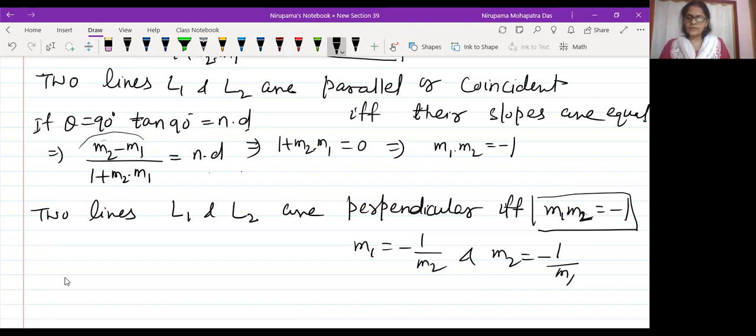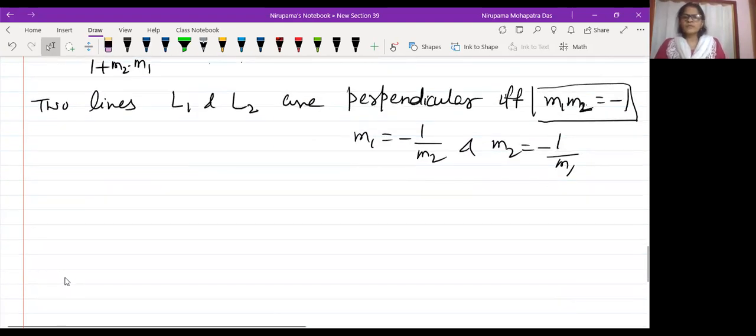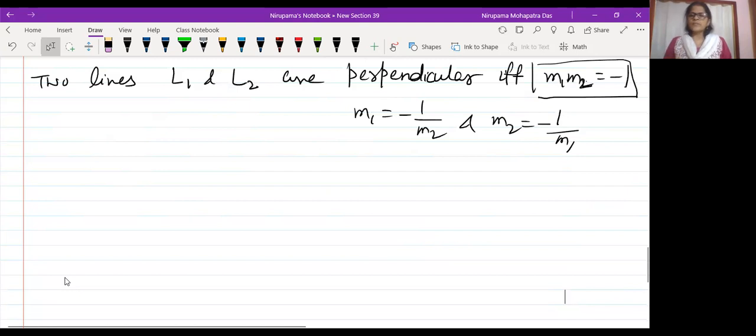Okay, so these are some of the concepts we have to cover today. So two lines are parallel, perpendicular. Basically, among the various applications of slopes, let me tell you one application. Earlier, suppose the lines are coincident, so slopes are equal.